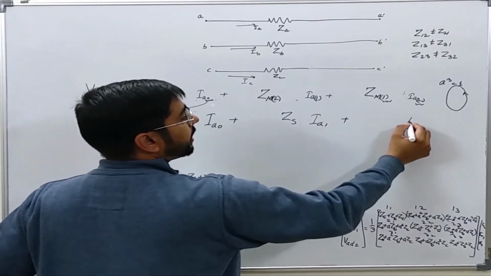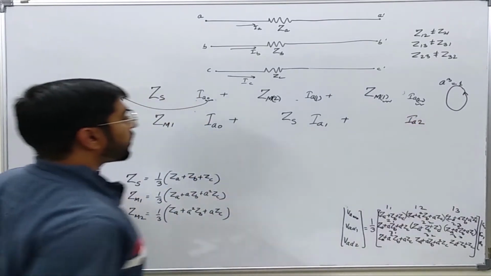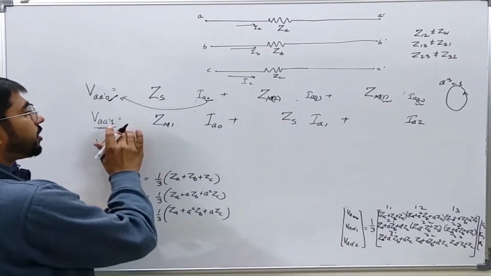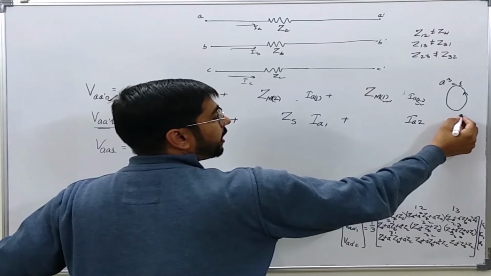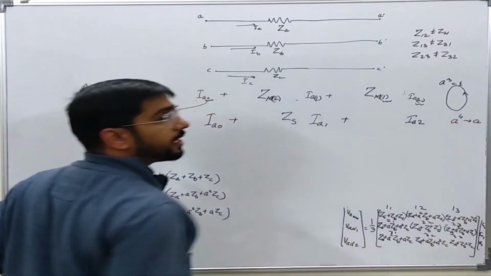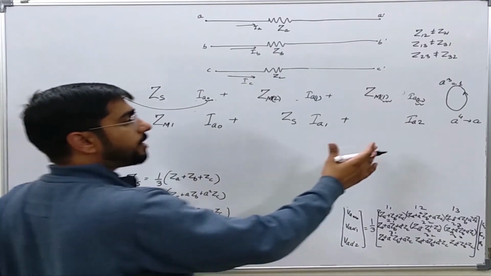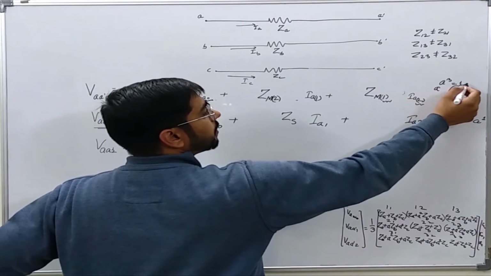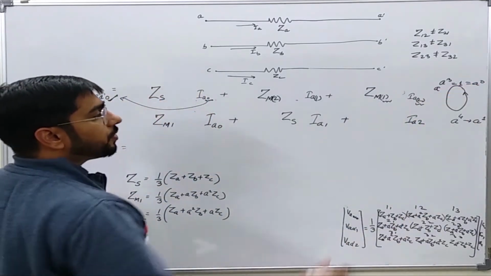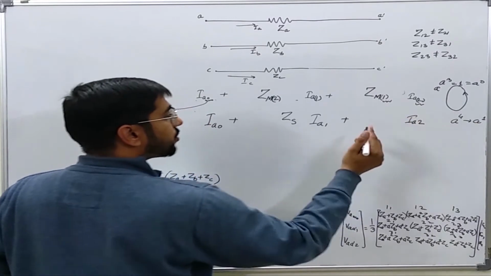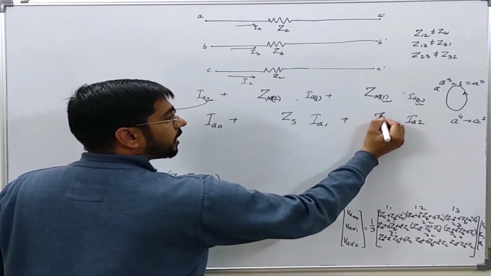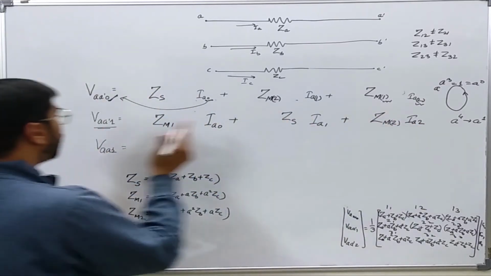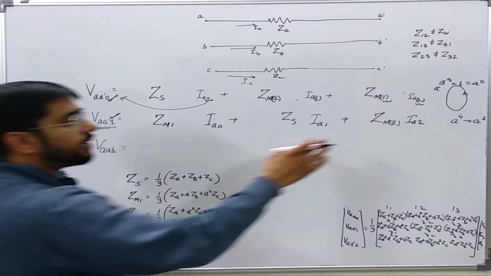Now this is IA2 here. Now what should I do such that equivalent to 1 should come? As I have told, a cube goes directly equal to 1 only. So if I put an impedance with subscript 2, then it will give me value equivalent to 1 only. Okay, so I have written this equation.